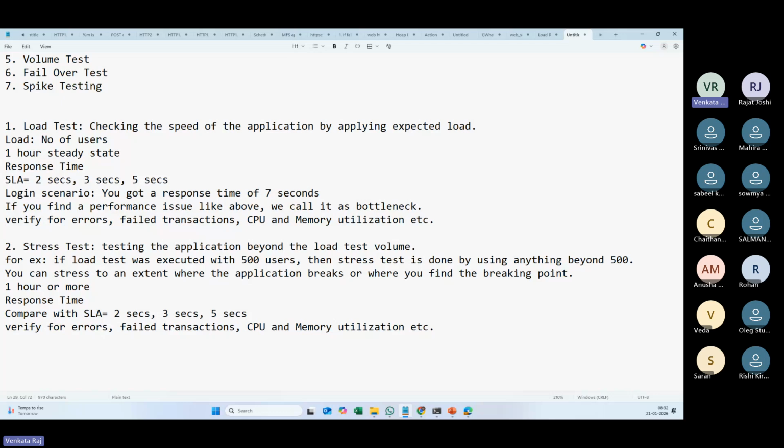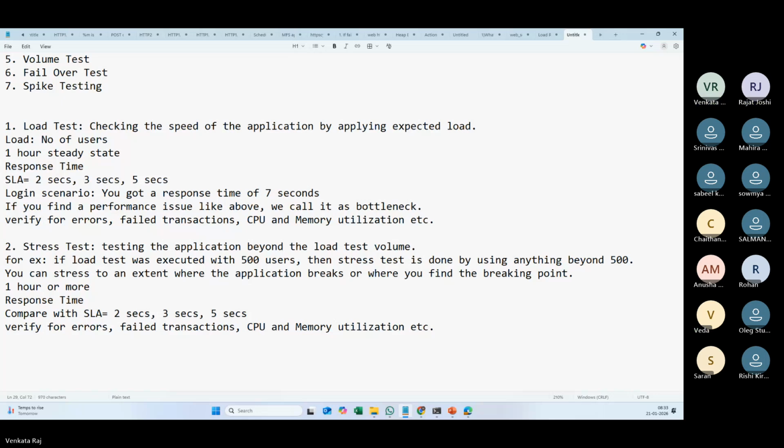If you do a stress test, you don't need to focus on a scalability test. If you do a scalability test, you don't need to focus on a stress test. I'll tell you what the slight difference is in some time. But as of now, just remember, in general cases, we try to stress the application until it breaks. Okay, got it.